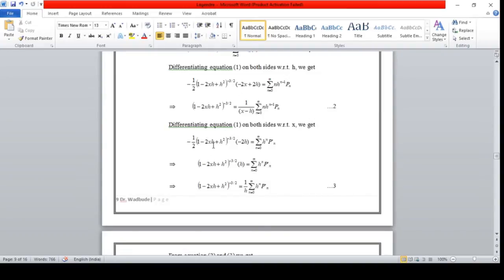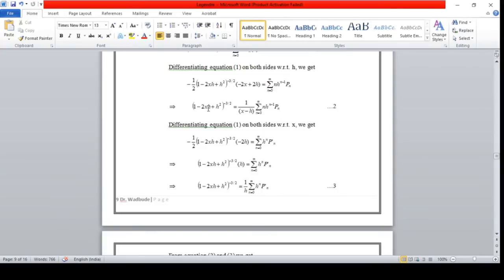So this first derivative is the same: minus 1 by 2, and (1 minus 2xh plus h square) raised to the power minus 1 by 2 minus 3 by 2, into the derivative of the inner side with respect to x, which is minus 2h, and here summation h raised to the power n Pn, meaning Pn(x), and the first derivative Pn(x) is converted into P dash n(x). This implies 2 again cancels, minus minus cancels, here h only, again this h here in the denominator. This is equation number 3.